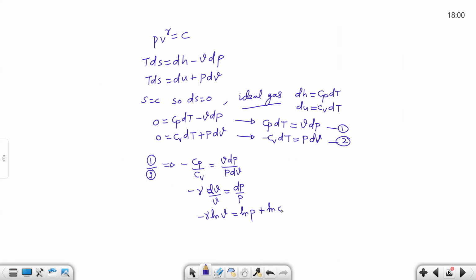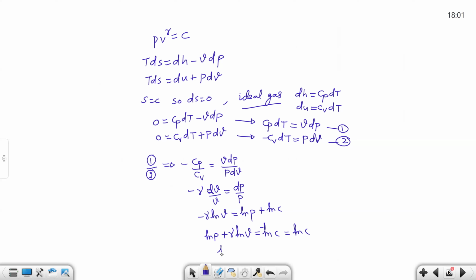Maybe this can be written mathematically as ln P plus gamma ln V equals minus ln C, because it is a constant. But minus ln C can be taken as ln of a constant mathematically.